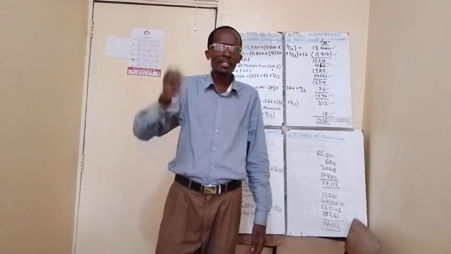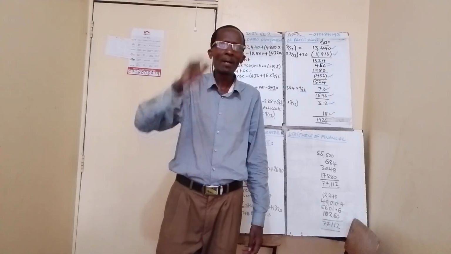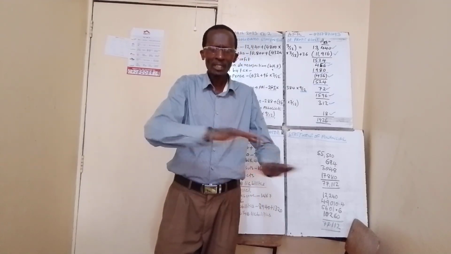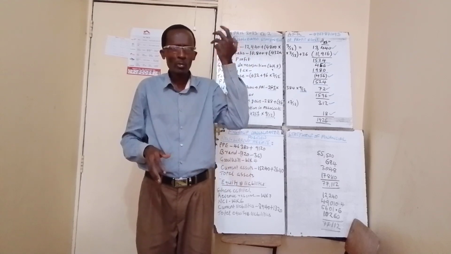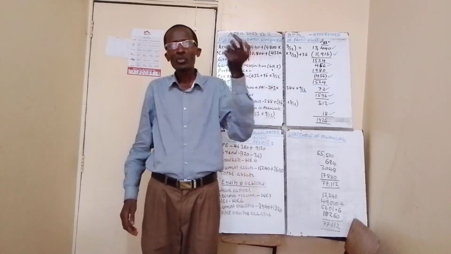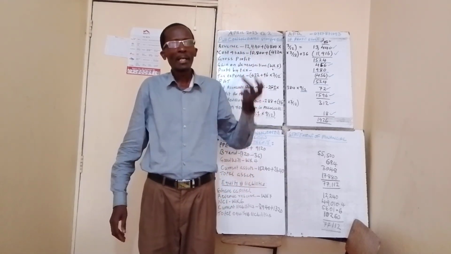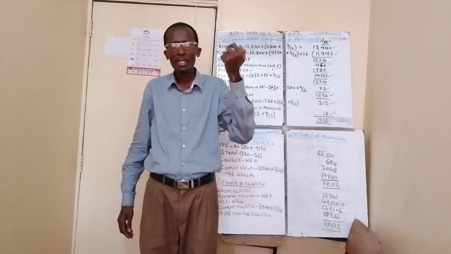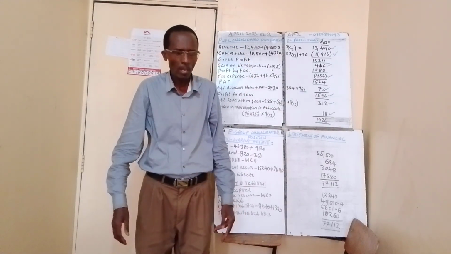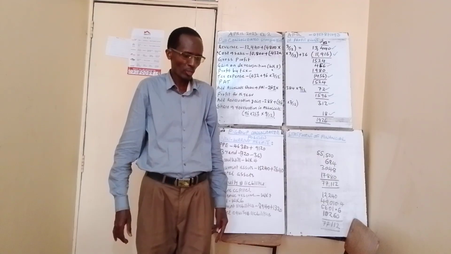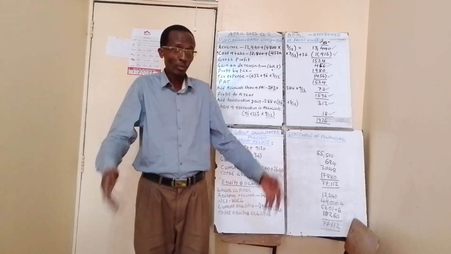Now, for intermediate CPA, intermediate CIFA, ATD, the other taxation is almost the same, because it is knowing how to tax individuals, how to tax business, and VAT, then capital deductions. There are those 4 areas where you find computations.